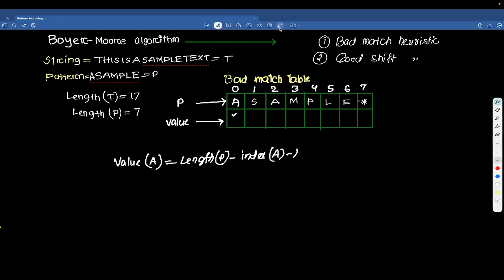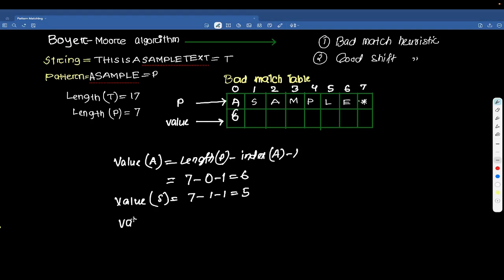In this example, the length of P is 7. The index of A is 0. So 7 minus 0 minus 1 equals 6. We'll put this value 6 here. To calculate the value of S, the second character, it will be 7 minus 1 minus 1, which equals 5.